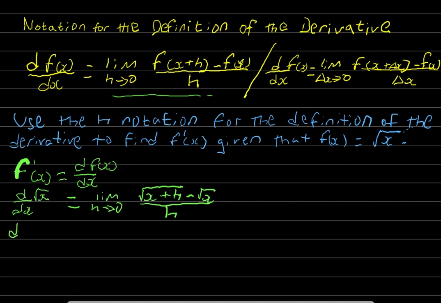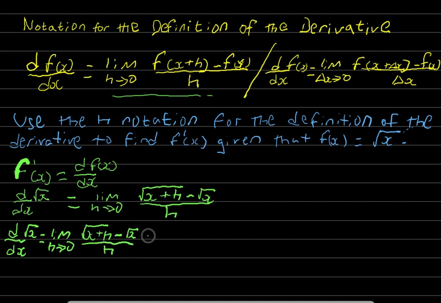Next, we'll have the derivative of square root of x over dx, which is equal to the limit as h approaches 0 of the square root of x plus h minus square root of x, all over h.